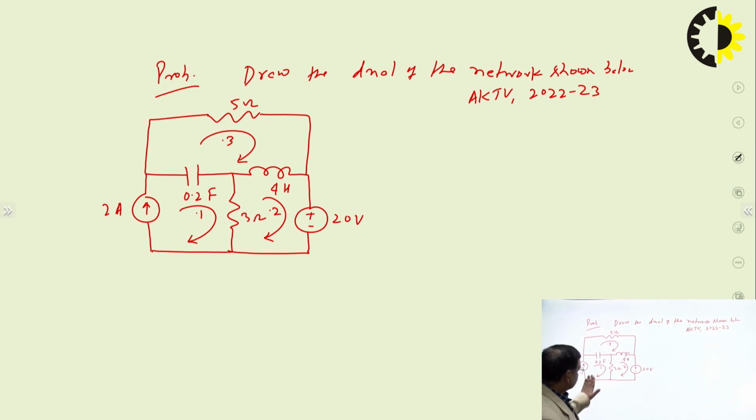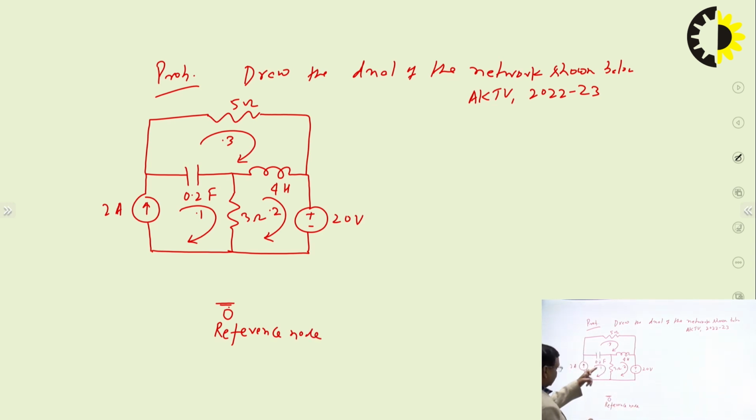So first identify the number of meshes, number them 1, 2, 3, place a node inside each mesh, and outside of the network place a reference node.